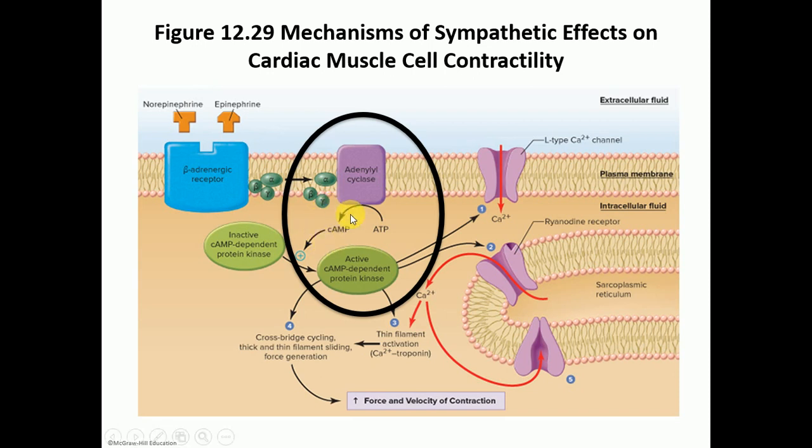So it's all due to the stimulation of cAMP. That is going to lead to an increase in intracellular calcium. Now we can use that reserve of troponin that we left off when we are at rest, in order to pump faster and stronger.